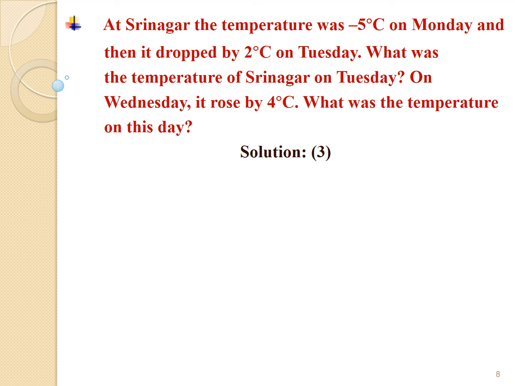Students, so in order to find the temperature of Srinagar on Tuesday, we have to subtract 2 degrees Celsius, which is dropped, from -5 degrees Celsius, as the word drop is given to us. Thus, you have to remember that when the word drop is given to you, then you have to subtract the integer.